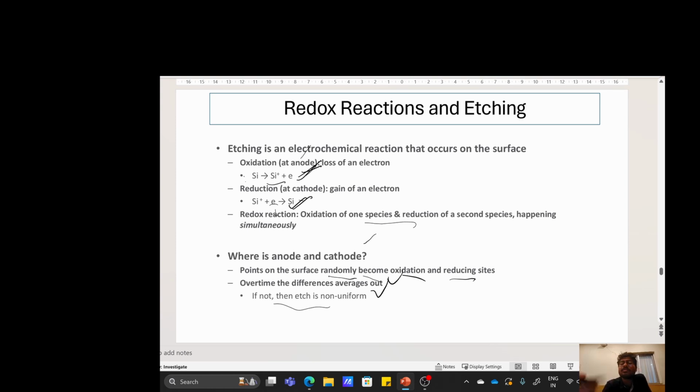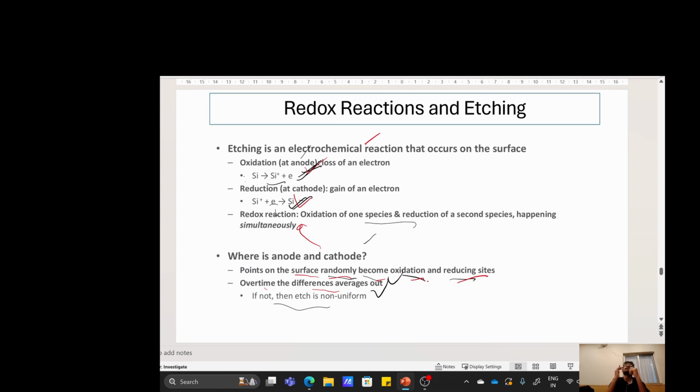Because of that, an electrochemical redox reaction happens, with oxidation at the anode and reduction at the cathode.